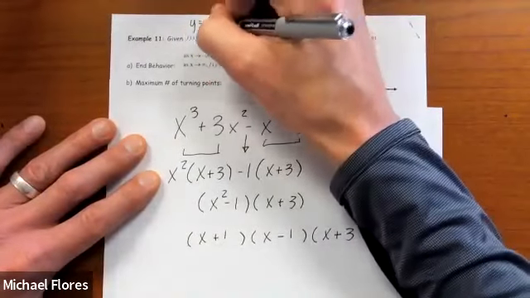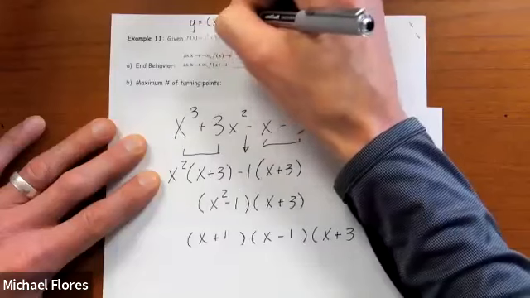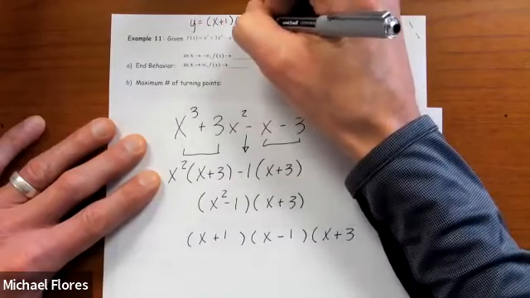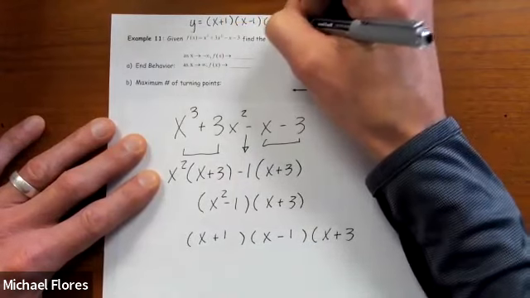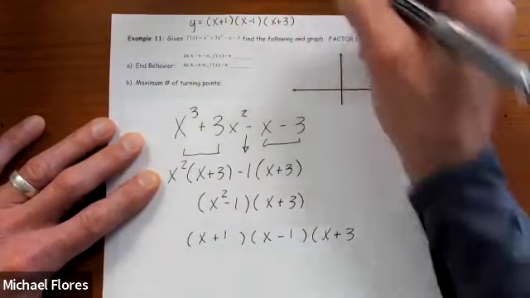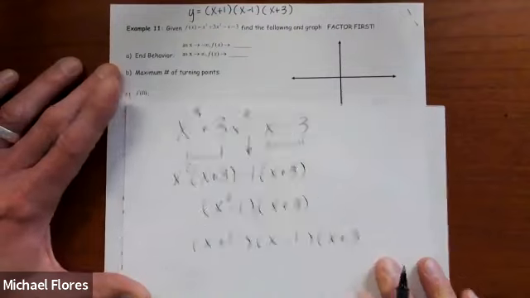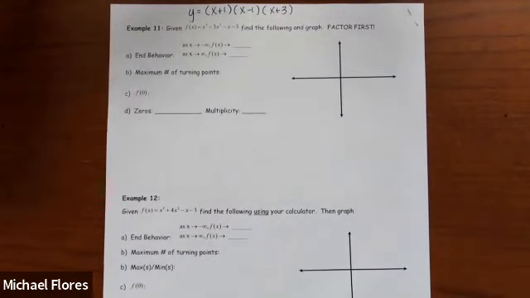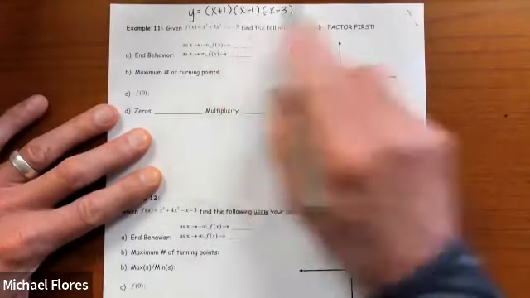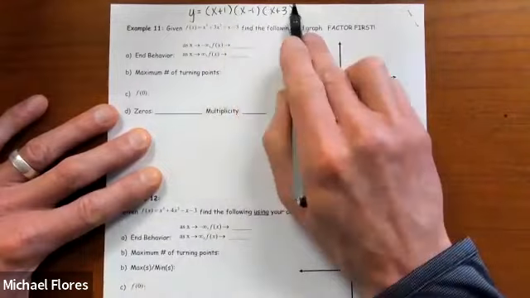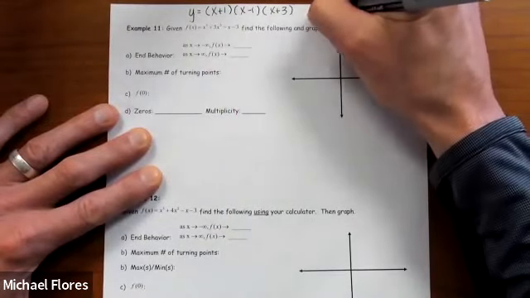Y equals (x minus 1)(x plus 1)(x plus 3). All right. In behavior, well, it looks like all of these have a multiplicity of 1. 1 plus 1 plus 1 is 3. So this is an odd degree polynomial.